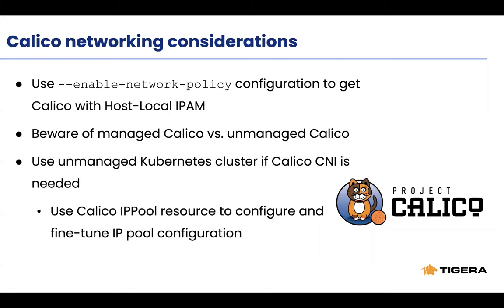As of yesterday, I checked in GKE version 1.16, and the Calico version in there was 3.8.8. So since it's a managed version, you cannot really deviate from that. You cannot upgrade it. You cannot replace it with anything you want. But there is an option for an unmanaged version of Calico. And by unmanaged, I mean that it's not managed by GKE specifically.